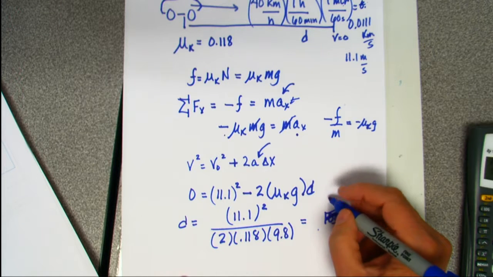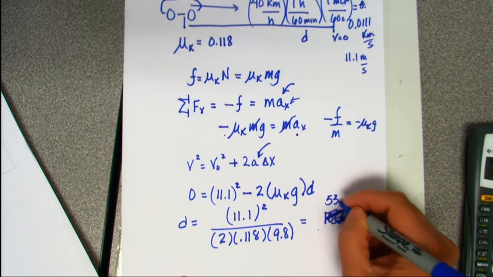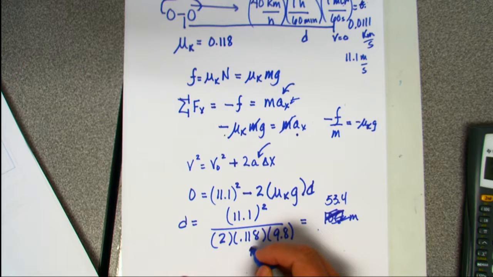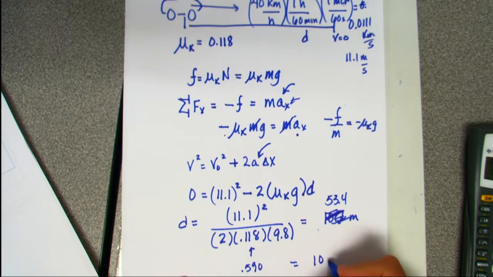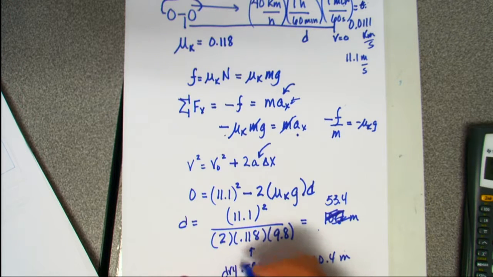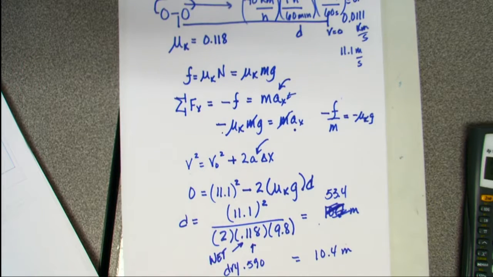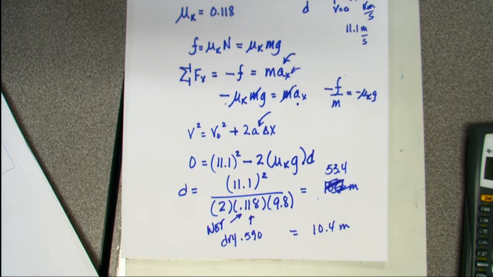If it's a wet road, it's 53.4 meters. And if I change this to 0.590, that's when I get my 10.4. This is dry road, that's wet road, which is why your stopping distance increases on a wet day.